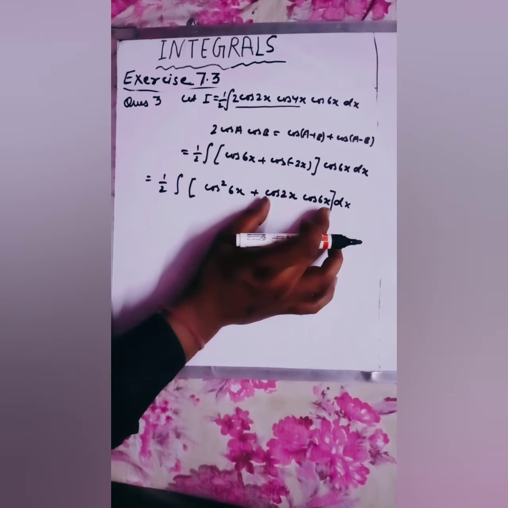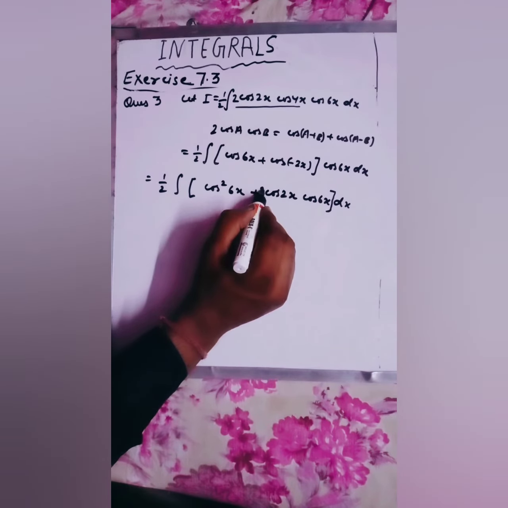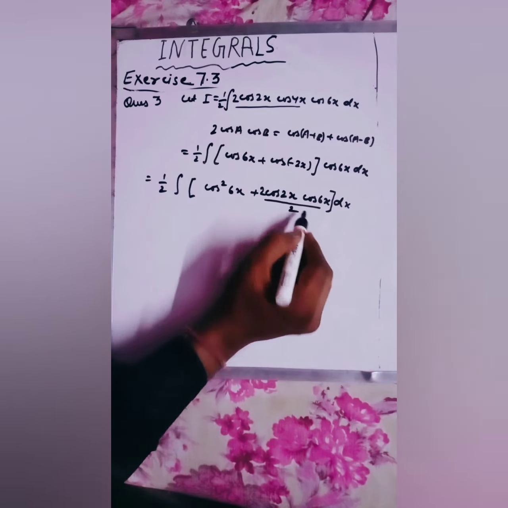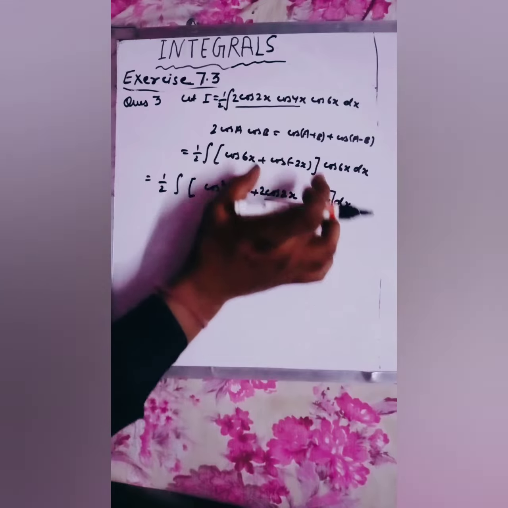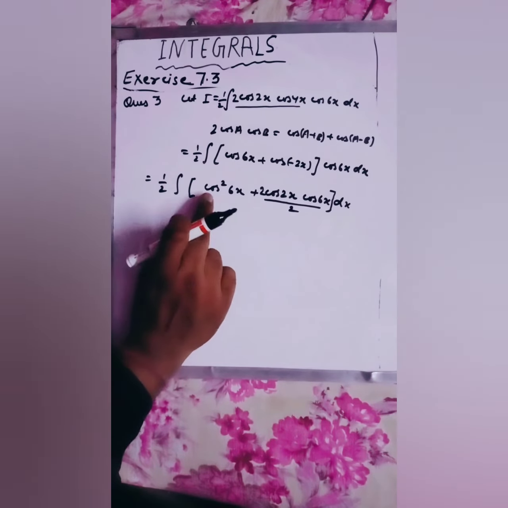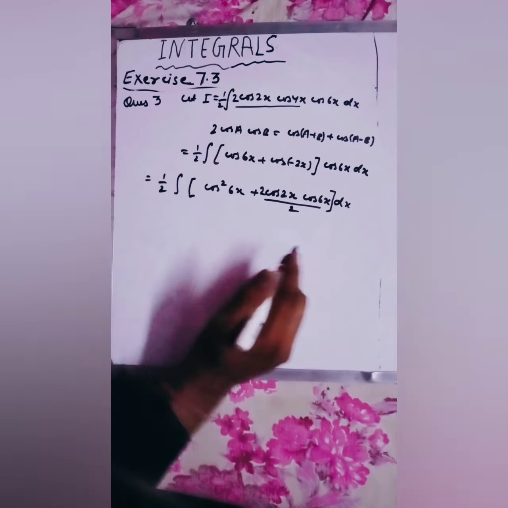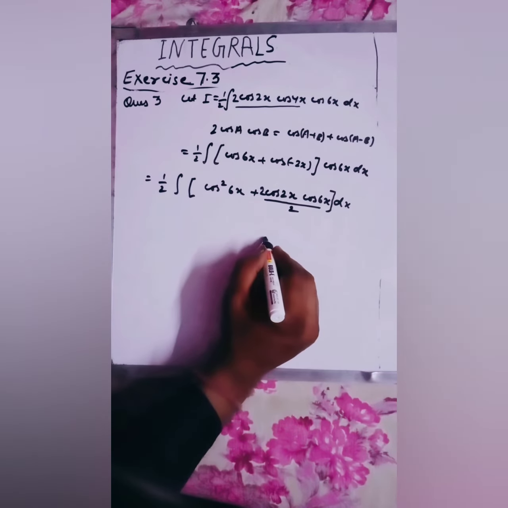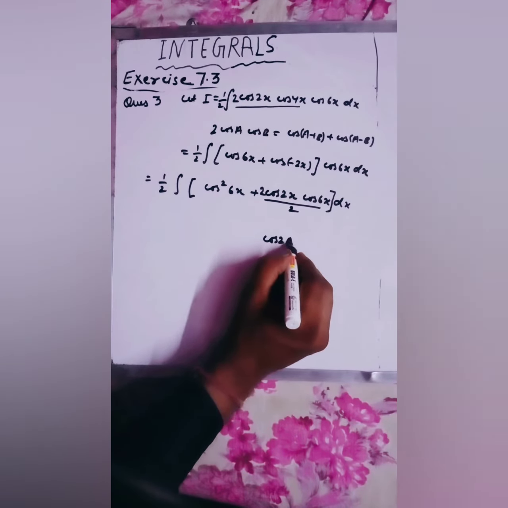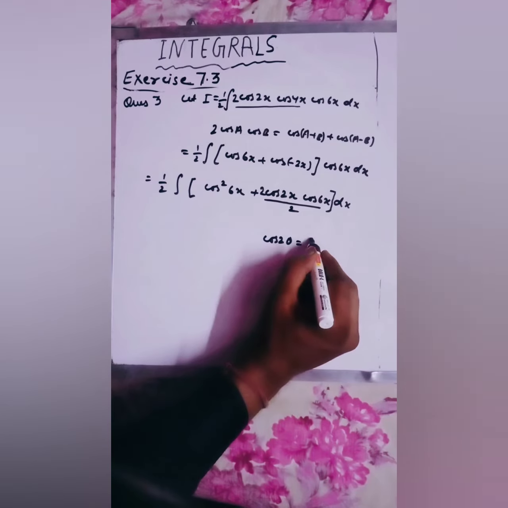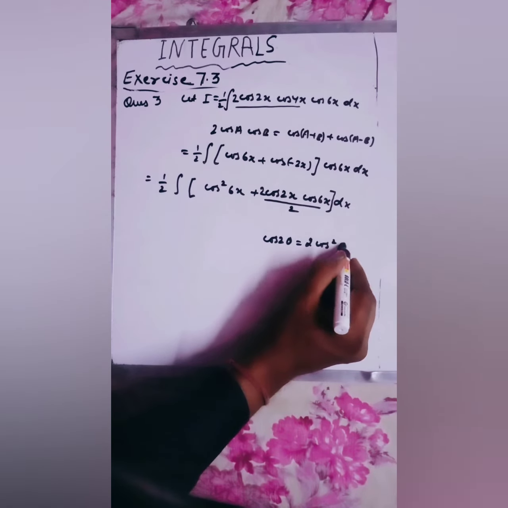Okay, now at a place of this, here what I have to do, I will multiply this by 2. After this step, I am multiplying this by 2 and dividing this whole by 2. So at a place of this, you have to use again this formula, but at a place of this, as you know that cos 2 theta is equals to 2 cos square theta minus 1.